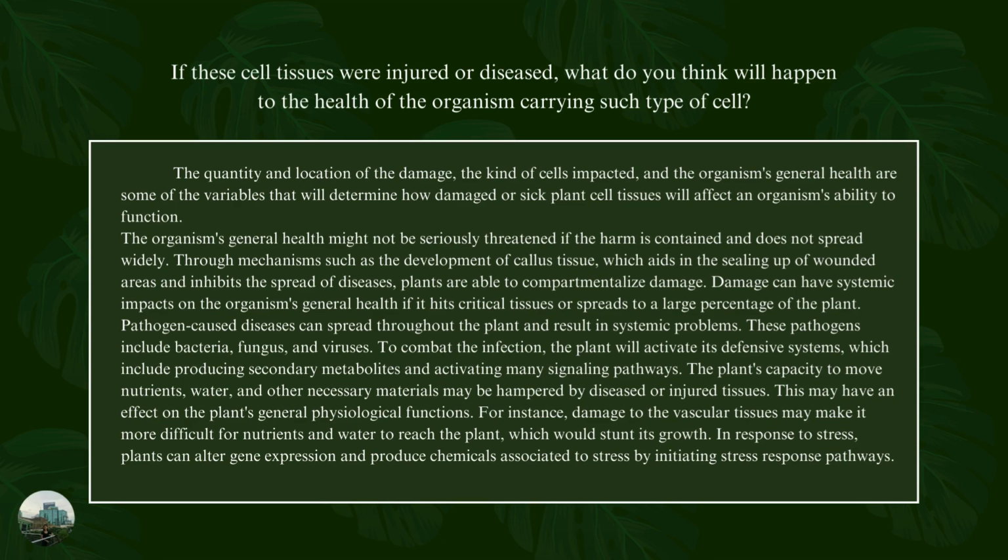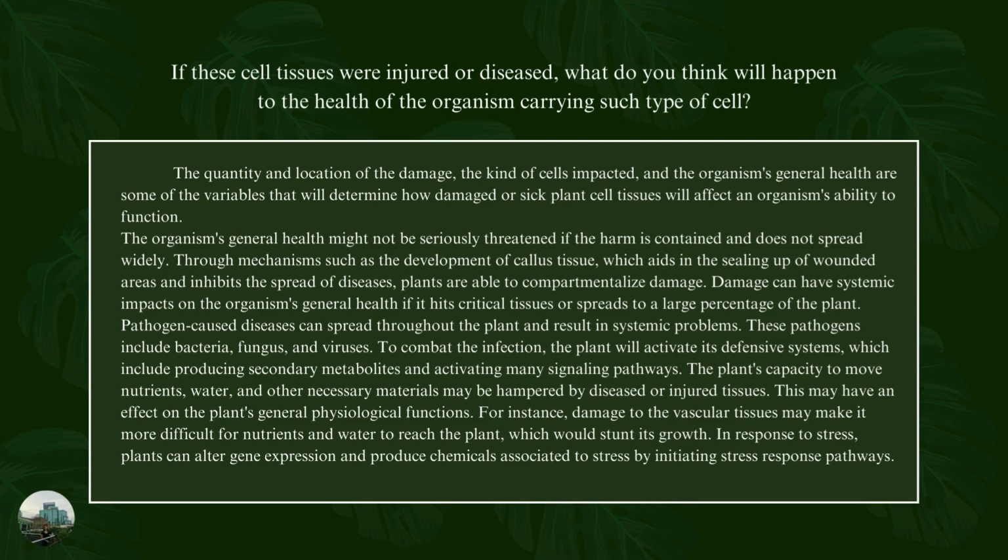To combat the infection, the plant will activate its defensive systems, which include producing secondary metabolites and activating many signaling pathways. The plant's capacity to move nutrients, water, and other necessary materials may be hampered by diseased or injured tissues. This may have an effect on the plant's general physiological functions.